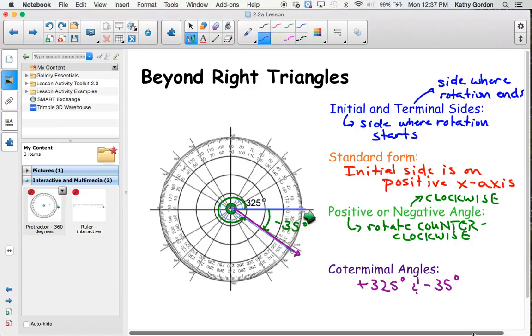Okay? Now, are those the only two coterminal angles I could come up with for that terminal side? Anybody come up with another one? I get the 325, but I'm still kind of confused with the negative 35. Like, I know you went clockwise. Yep. But how'd you get 35?